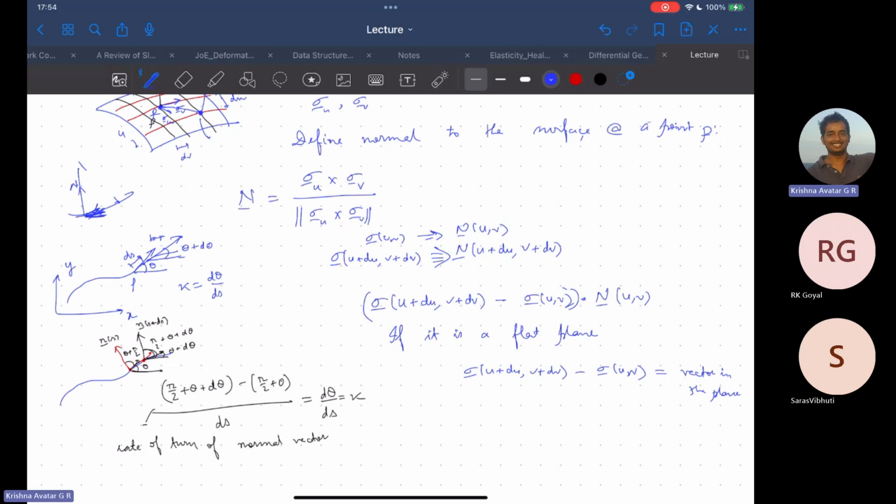And a vector in the plane is always going to be normal to n, so if you take this and dot product with n, it is going to be 0. In the local neighborhood of any point, you are not turning away from the normal. I hope I'm able to explain this.